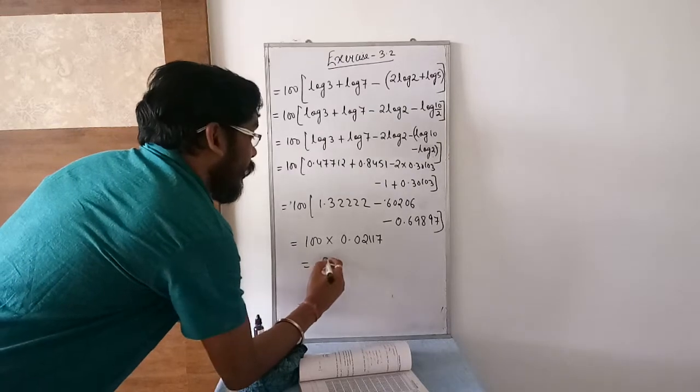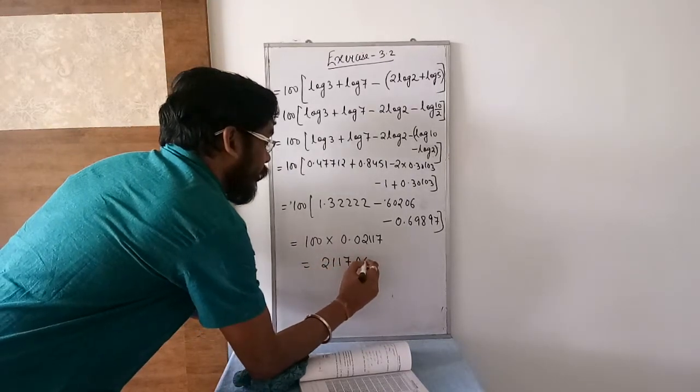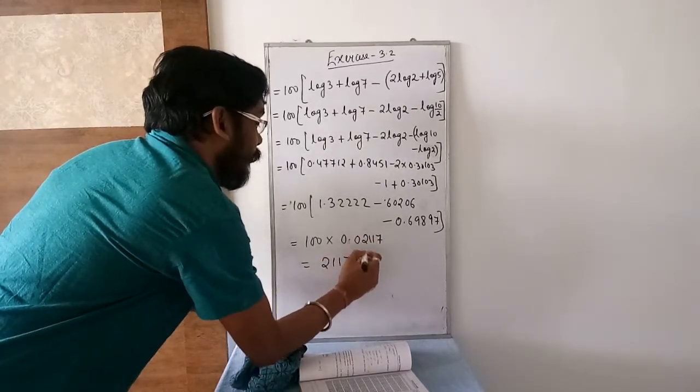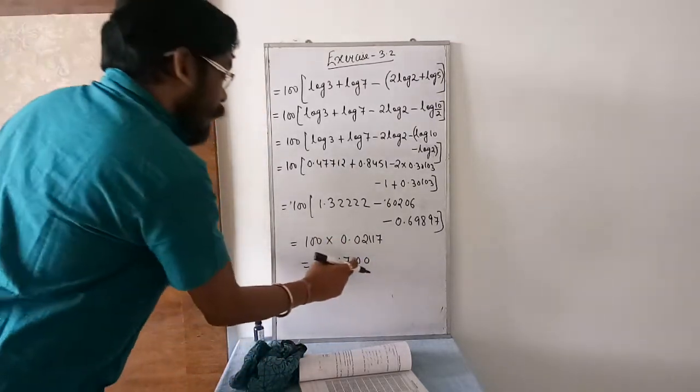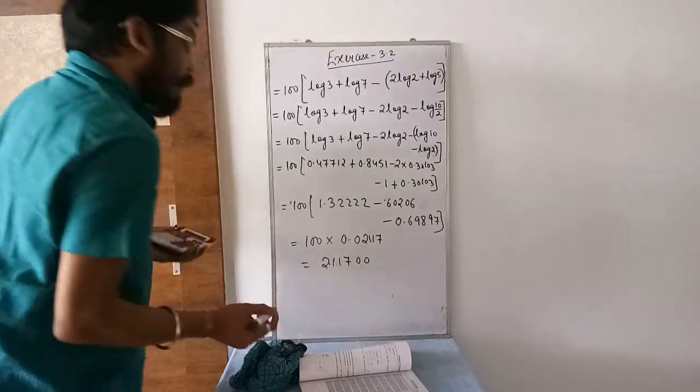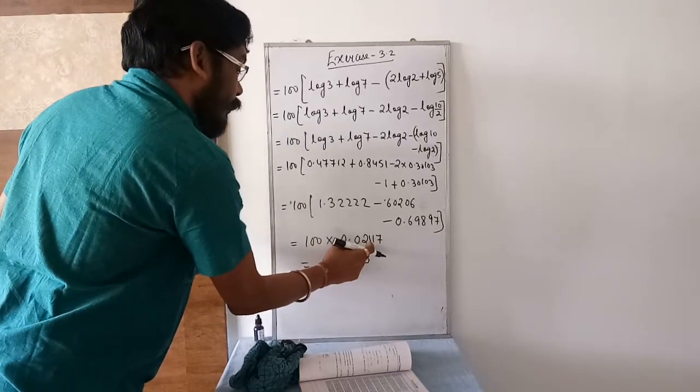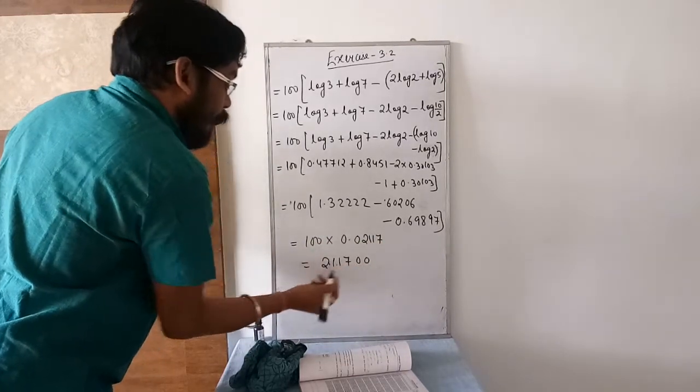If you multiply it, you will get 2.17, so it is 2 point something.